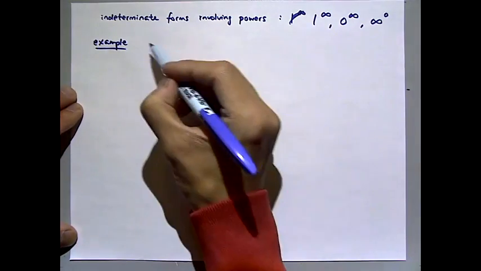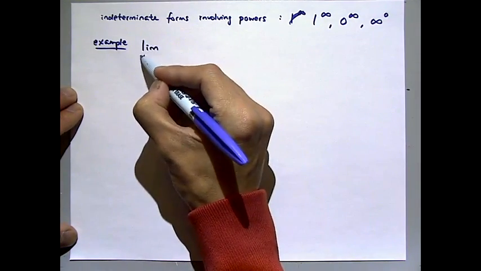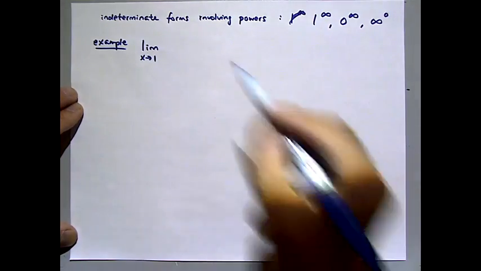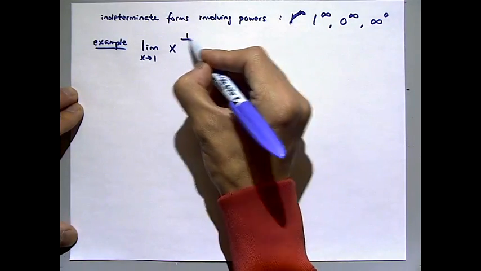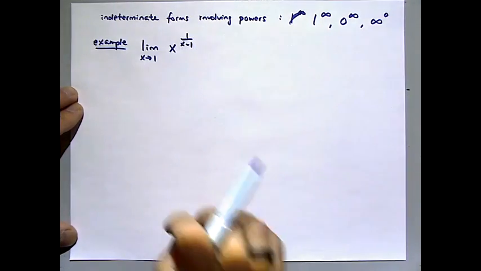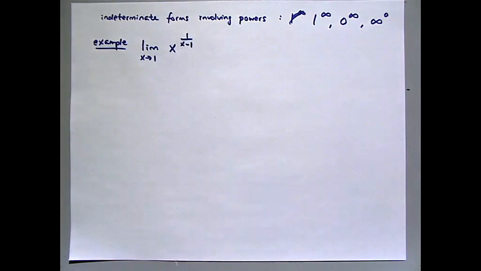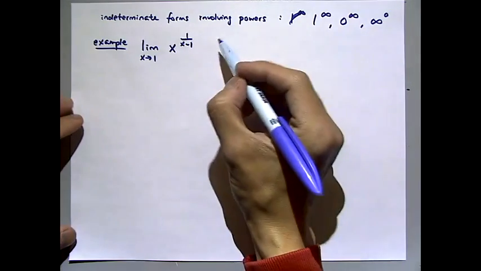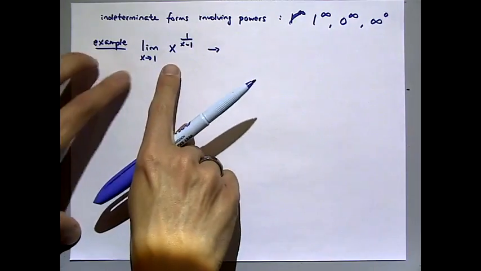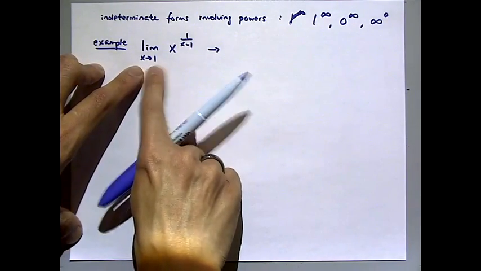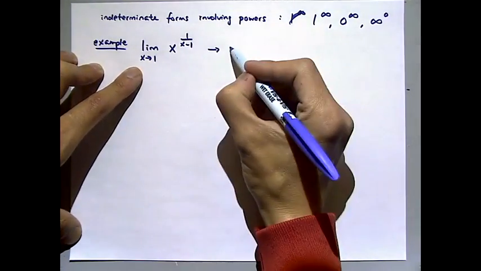So here's an example. Limit as x goes to 1 of x to the power of 1 over x minus 1. See what happens when x becomes close to 1. That's close to 1.